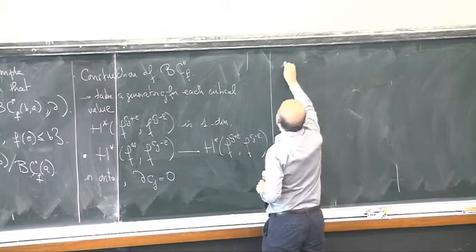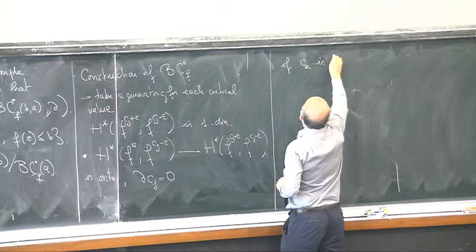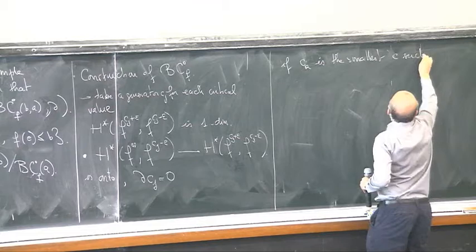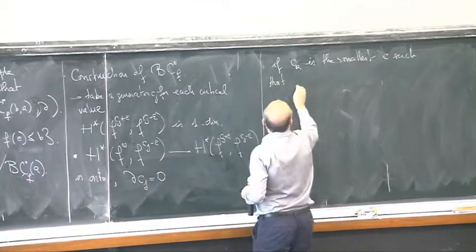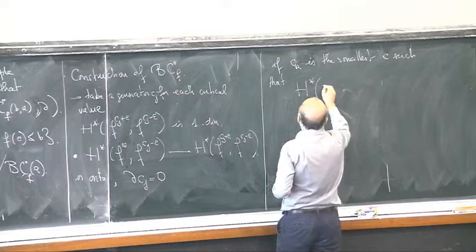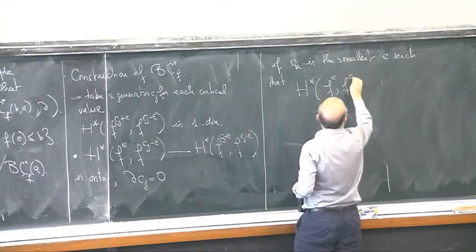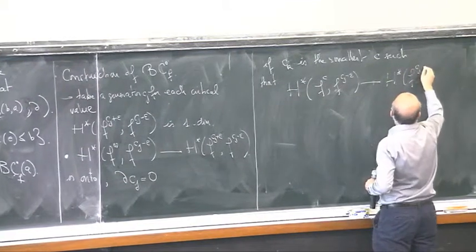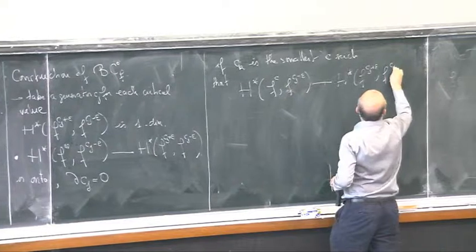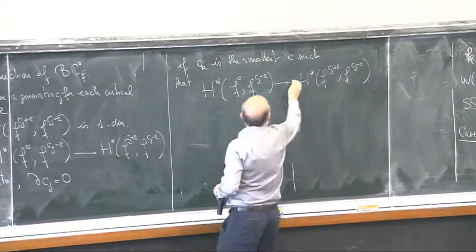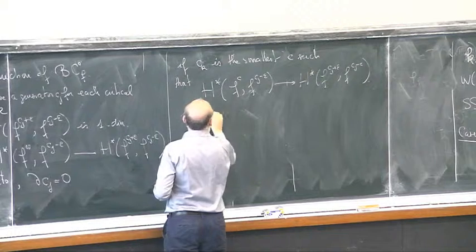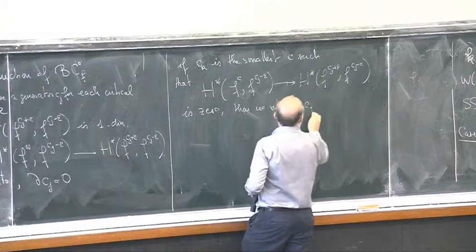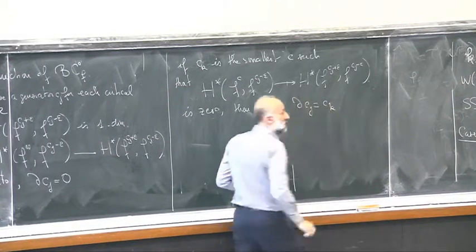So if Ck is the smallest c such that the cohomology of f Cj minus epsilon does not have something in the image here, so that this is 0, then we set that the boundary of Cj is Ck.